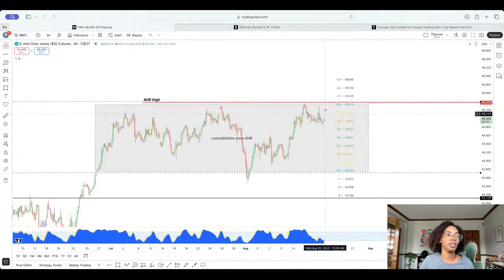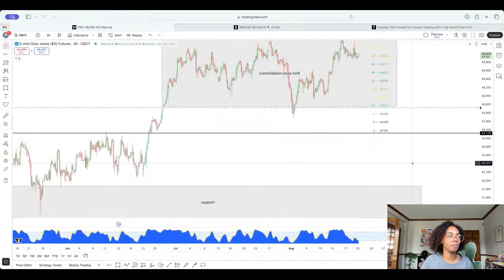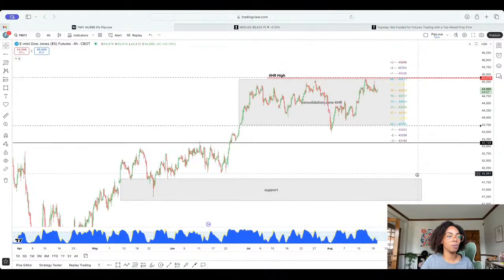Again, there's a lot of orders sitting up here and a lot of orders sitting down at these zones. So it's just an alert, not a confirmation or a signal to get in or out of the market. You want to see how the market reacts once it makes a higher high. Is it just grabbing liquidity here? Might hit 45,508 and then bounce back down and have a pullback to our support zone.